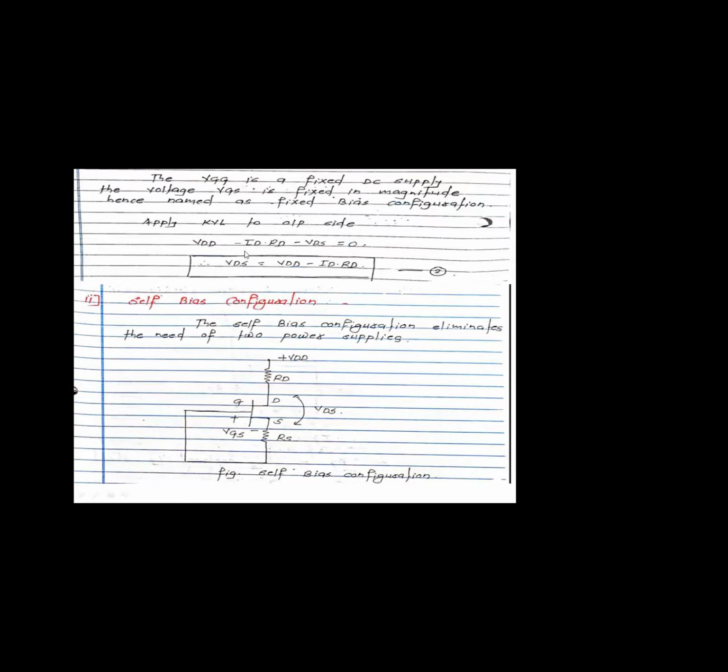Now self-bias configuration indicates that it does not require the two voltages, plus VDD as well as VGS voltage. So in this case, we require only one equation.